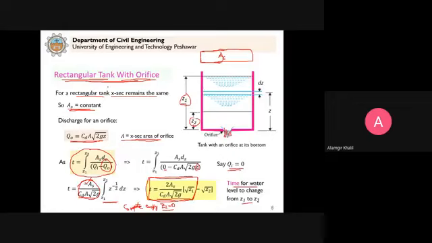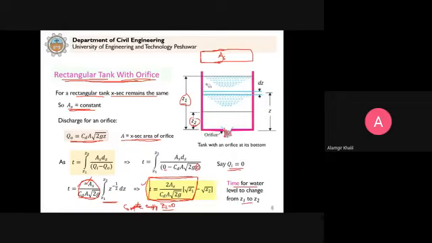So this is one case I considered. You can now consider any number of cases where you are interested in calculating the time for the water level to change from one level to another. All you have to do is evaluate this integral. This is a very general formula. Just consider different cases.